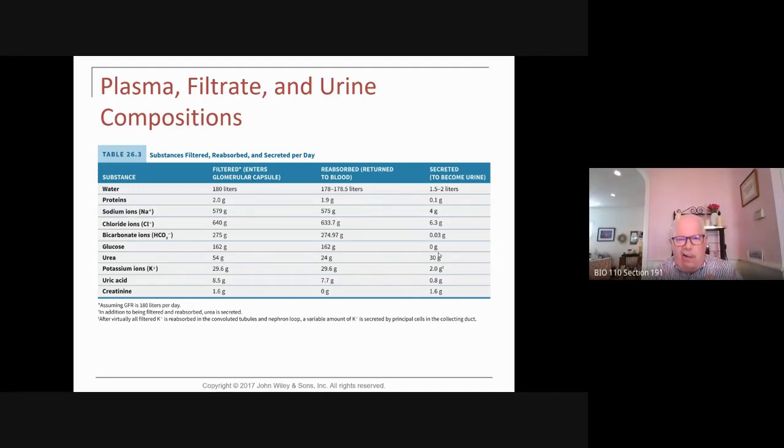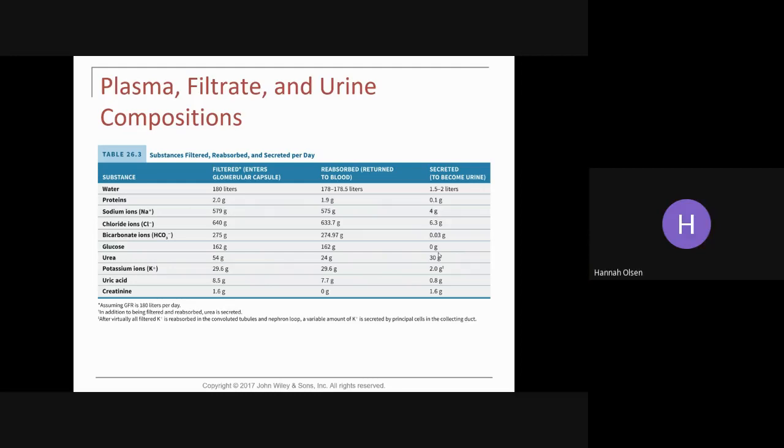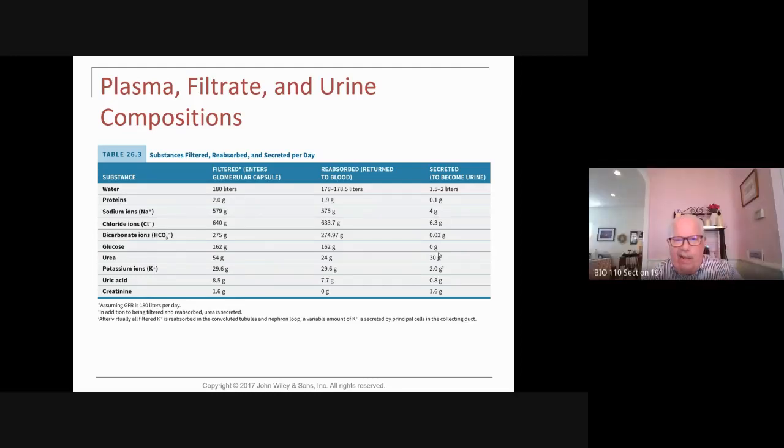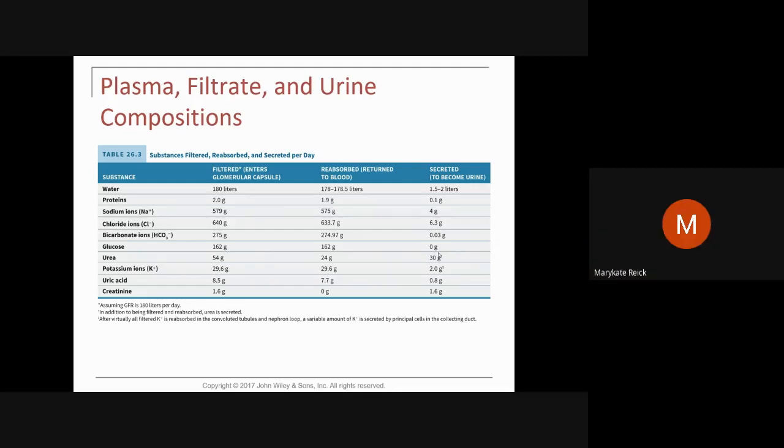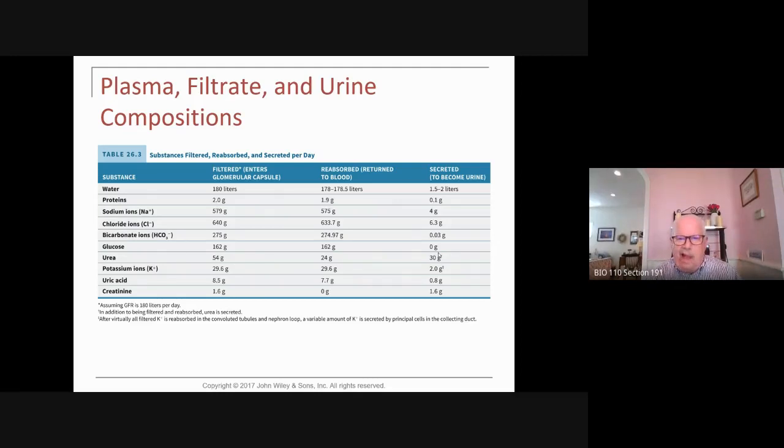Yeah, creatinine is a byproduct of protein. In your body, where does that protein come from? Your muscles? Thank you. Yes, your muscles. That's where creatinine comes from. It comes from your muscles.